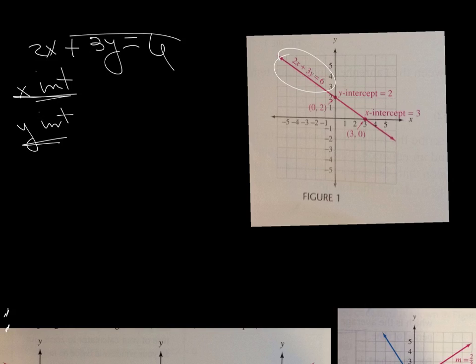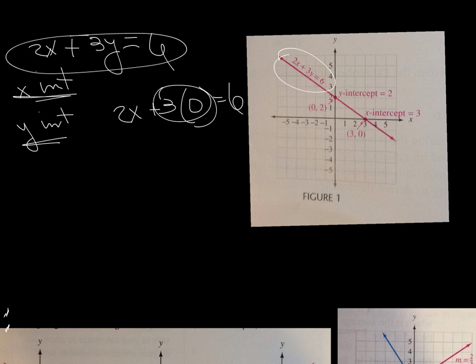Okay, so this one in particular, the way you find the x-intercept is you plug 0 in for the y. Always. To find the x, you plug 0 in for the y. That gives you 2x equals 6, x equals 3. And that's what we have right there.